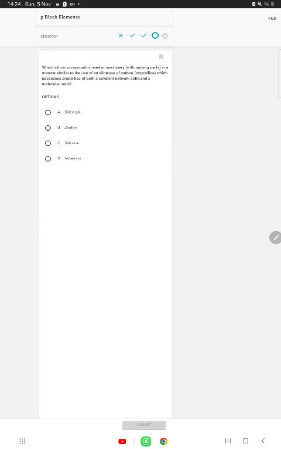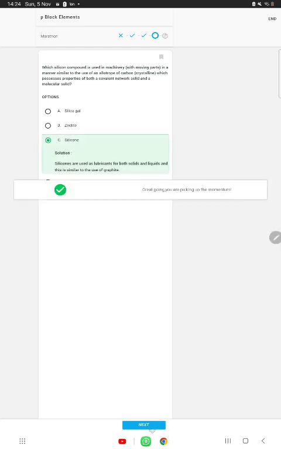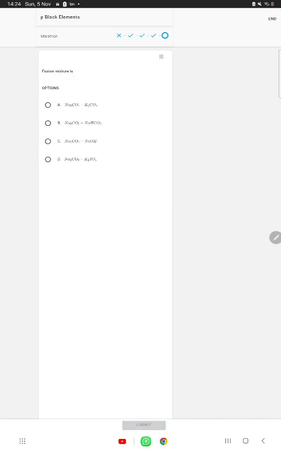Which silicon compound is used in machinery in a manner similar to the allotrope of carbon that possesses properties of both a covalent network and a molecular solid? Silicon. Fusion mixture is Na2CO3 and K2CO3.